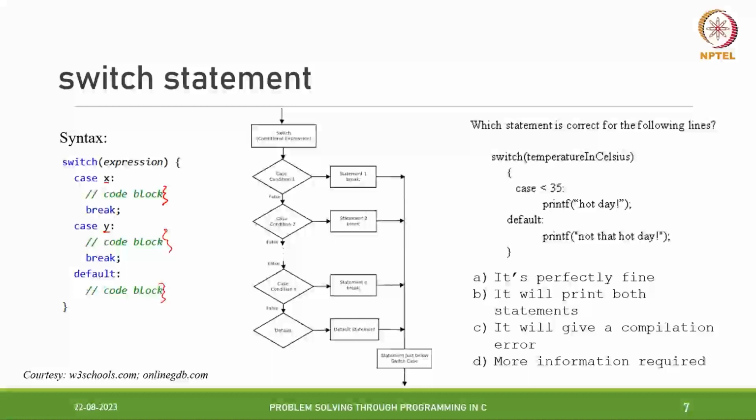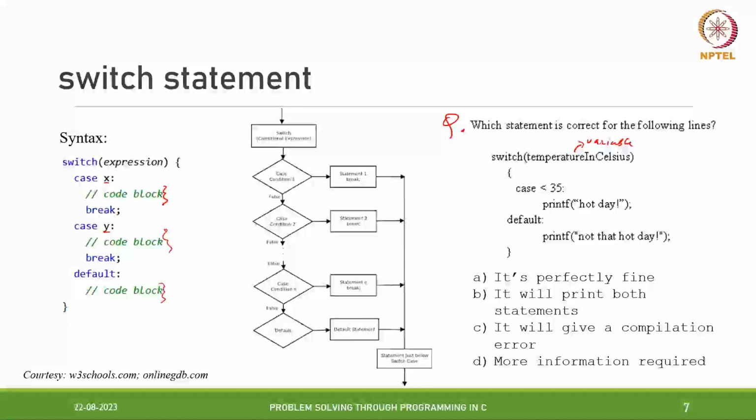Okay, now let us see an example. Here we are using a switch on the temperature in Celsius. This is some variable, and it has a certain value. Now we are writing a switch case and a default statement here. Which statement is correct for the following lines?